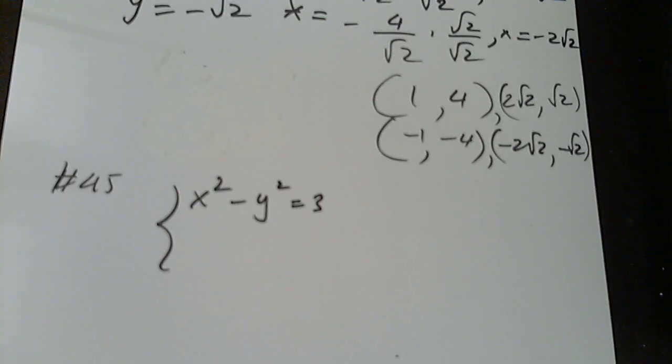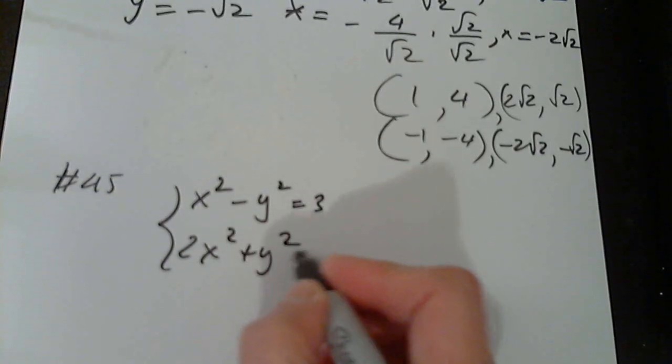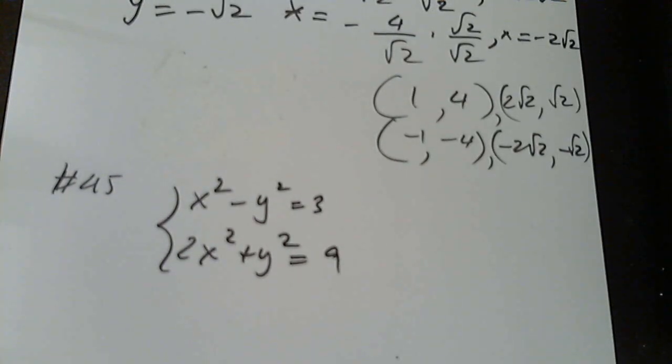Twice the square of the first number increased by the square of the second number is 9. Is it 2x squared plus y squared equals 9? Of course. What will you do with this?